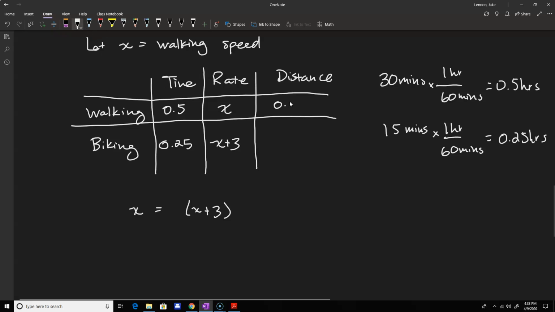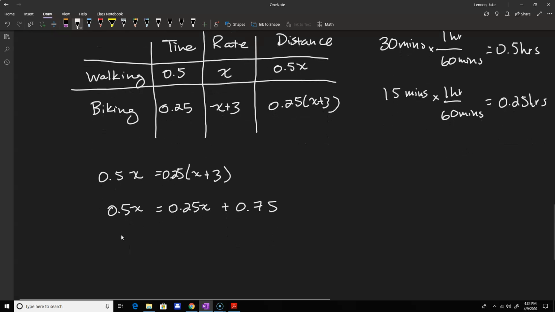So we have 0.5x here, and we have 0.25 times x plus 3. So 0.5x is going to be the same as 0.25 times x plus 3. The steps of solving this will work the same, so we begin by distributing. So we get 0.25x. 0.25 times 3 is 0.75. And then we want to subtract the 0.25x and divide.